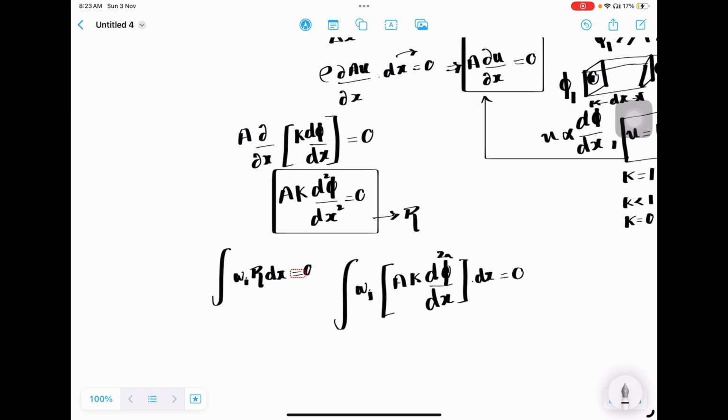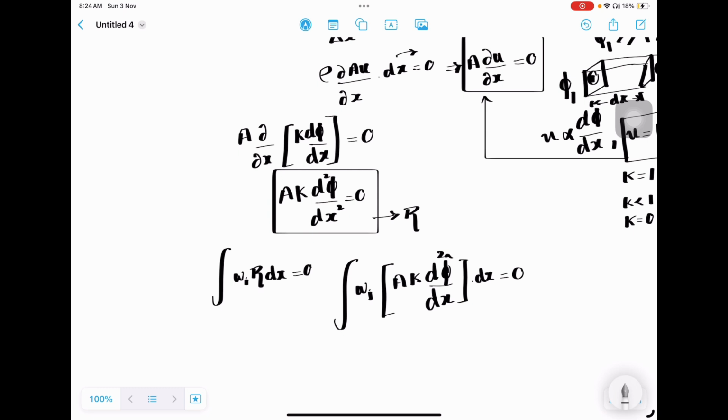The physical meaning of the residual is that it is an error. When you assume a trial solution for phi, differentiate it 2 times, and plug it in the differential equation multiplied by AK, it should be equal to 0, but if it is not equal to 0, that is an error. That is what we call the residual.